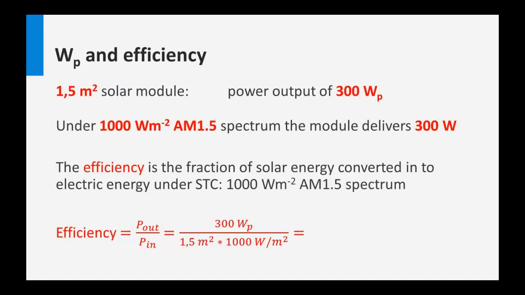It's the 300 watt peak. The power which we put in is 1.5 square meters times the irradiance of standard test conditions, which is 1000 watts per square meter. So we get 300 watts over 1500 watts. It means that the efficiency of the module is 20%.